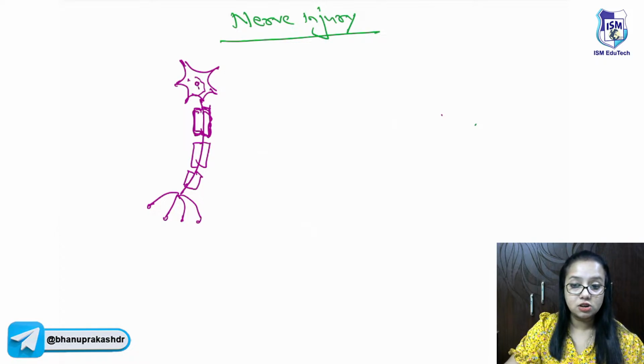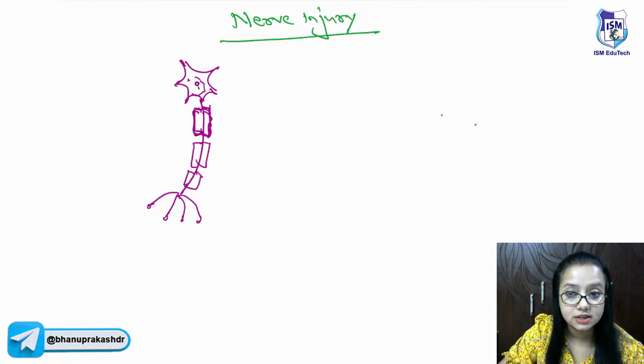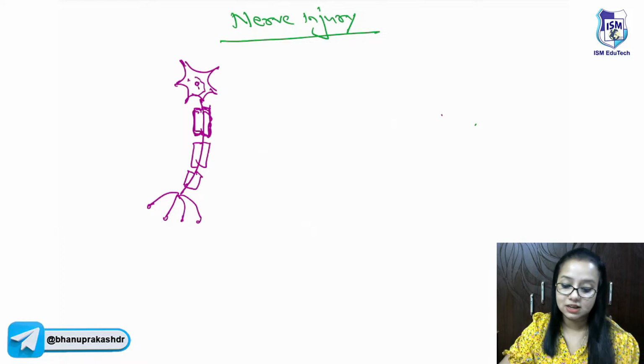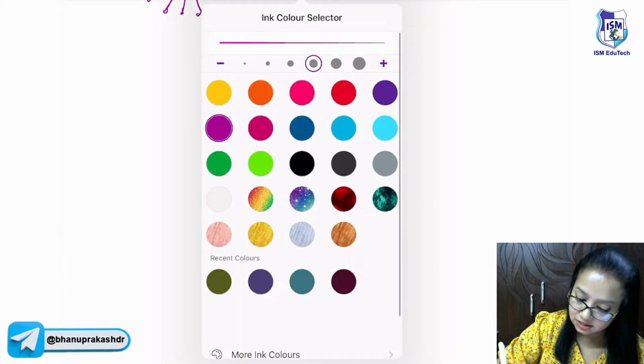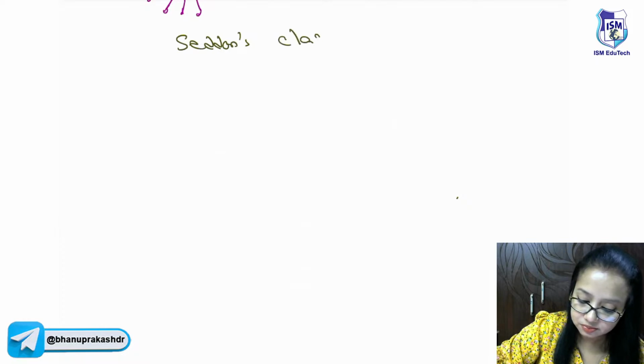So, depending on how much the nerve fiber has got distorted or damaged, there has been a classification. Now, here also there are two types of classification. The first classification was done by Seddon. It's called Seddon's classification.